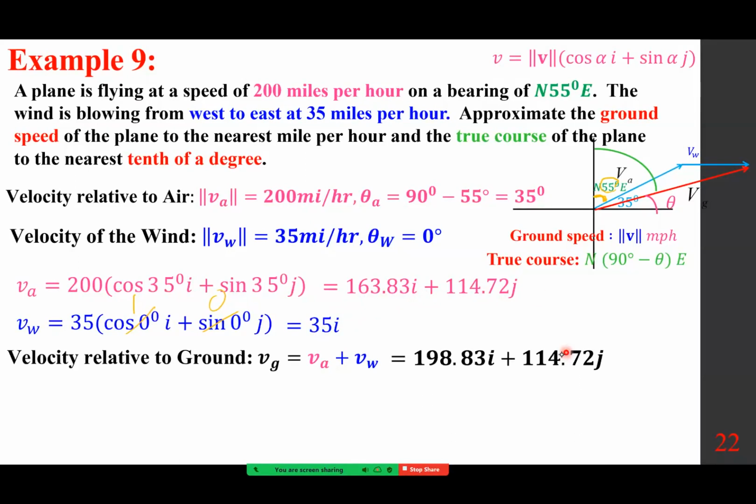So what is the velocity? Square root of A squared plus B squared. That means square this one, square this one, add them up and take a root. So this is your A. This is your B because it's Ai plus Bj.